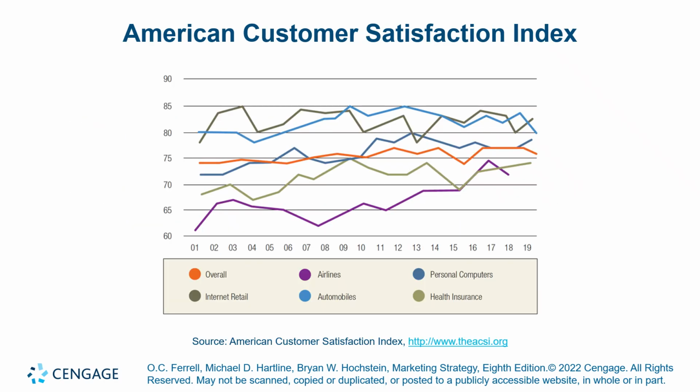This one shows the American Customer Satisfaction Index. You'll see the orange one here, from just below 75 going higher and higher, and now it's still a little bit over 70, right? That's customer satisfaction.